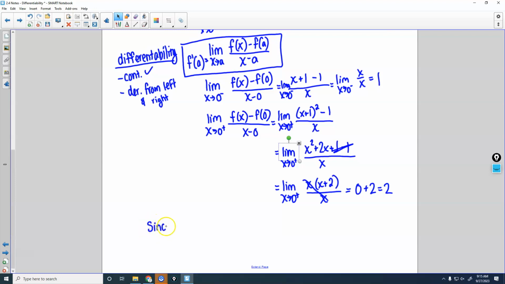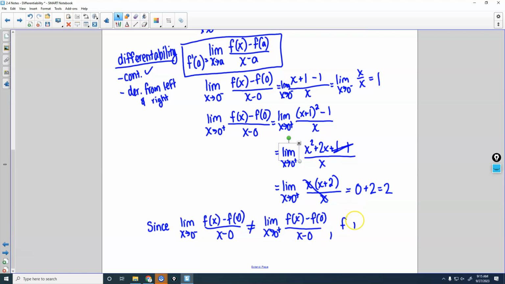Since the limit as x approaches 0 from the left of f of x minus f of 0 over x minus 0 does not equal the limit as x approaches 0 from the right of f of x minus f of 0 over x minus 0, f is not differentiable at x equals 0.